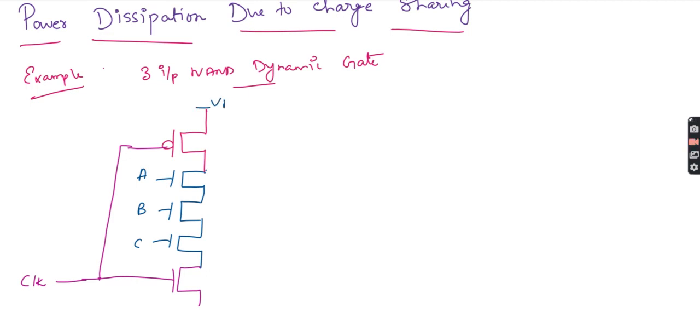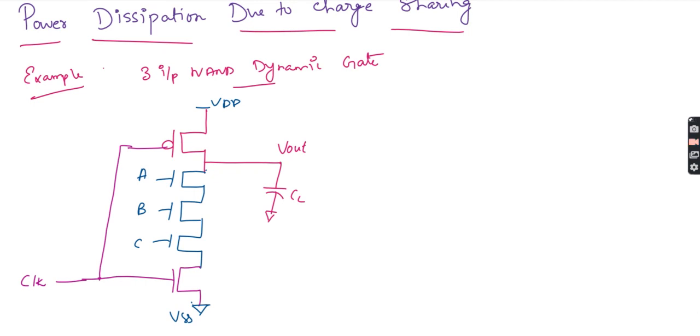Okay, so where is the output? Where do you have to take the output? If the network is like this, either down or top. If I use NMOS, the output has to be taken from the top. That is here. This is the output, right? So the output will have one load capacitance. This is your Vout.